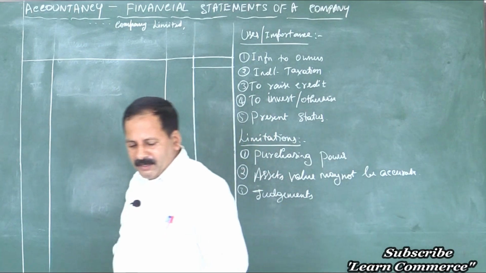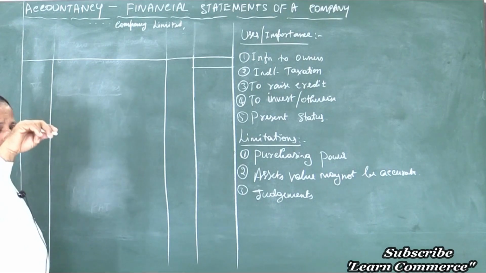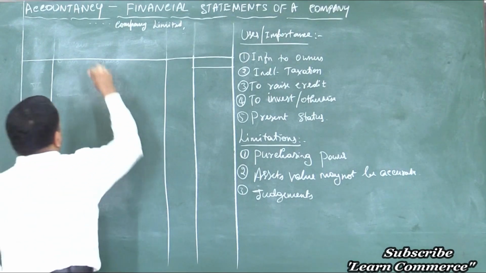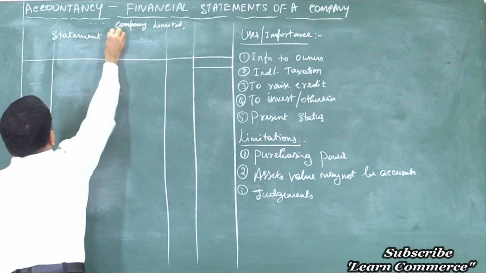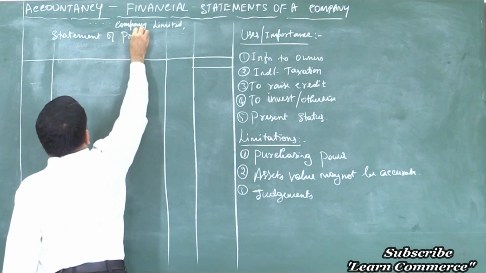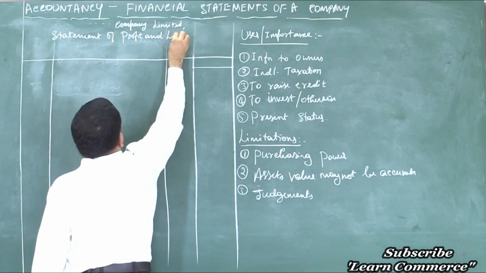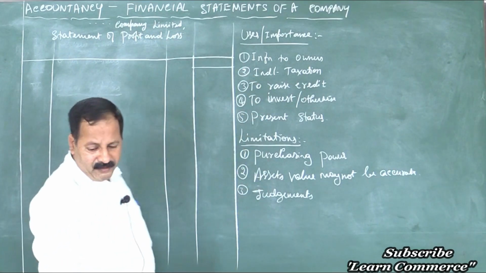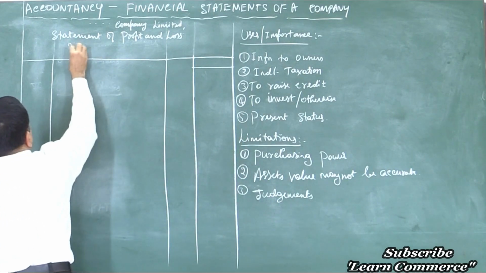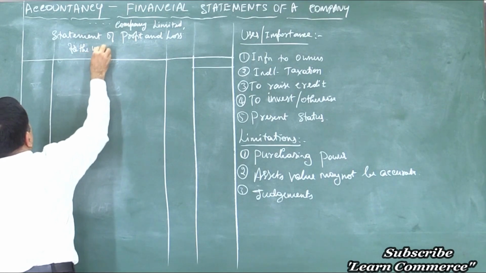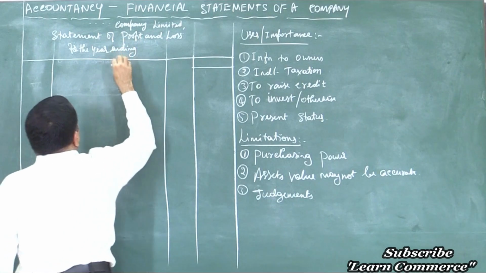Statement of profit and loss. It is not profit or loss, it is profit and loss, because we are writing both loss and profit together, isn't it? Statement of profit and loss for the year ending.